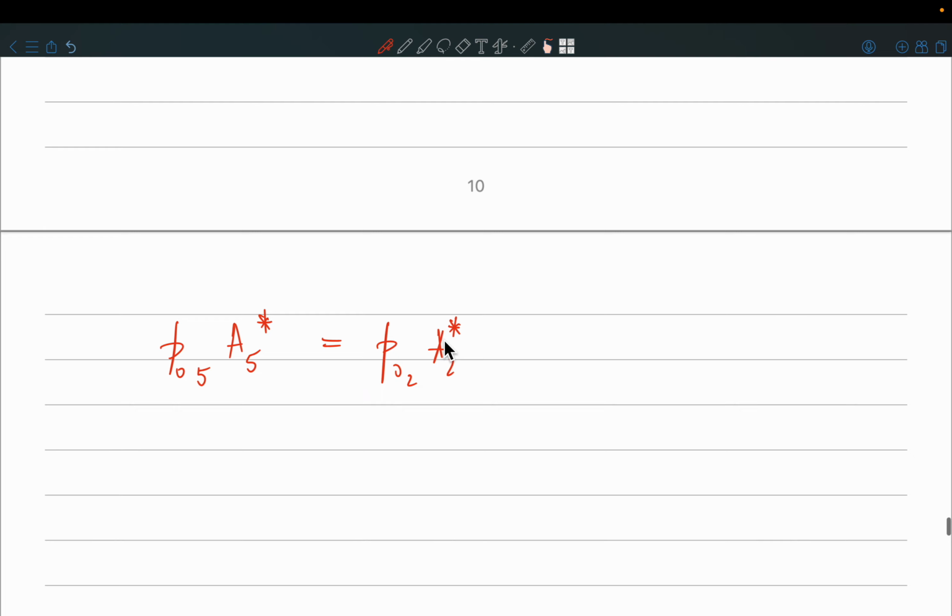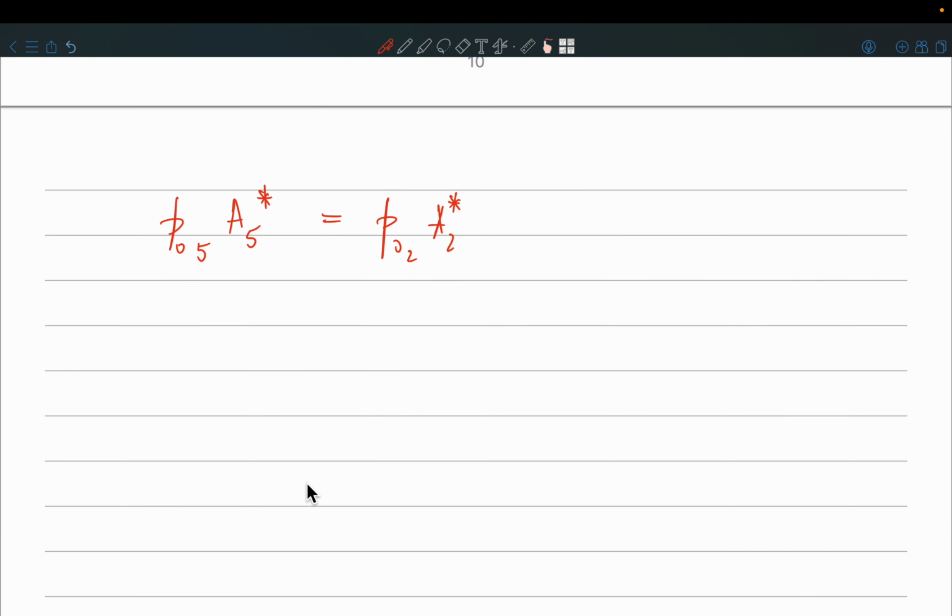Okay, now what? So we have a shock. No matter whether it is sitting in test section or in diffuser throat, we get a shock, and P0 5 is going to be lesser than P0 2. So obviously A5 star should be more than A2 star.